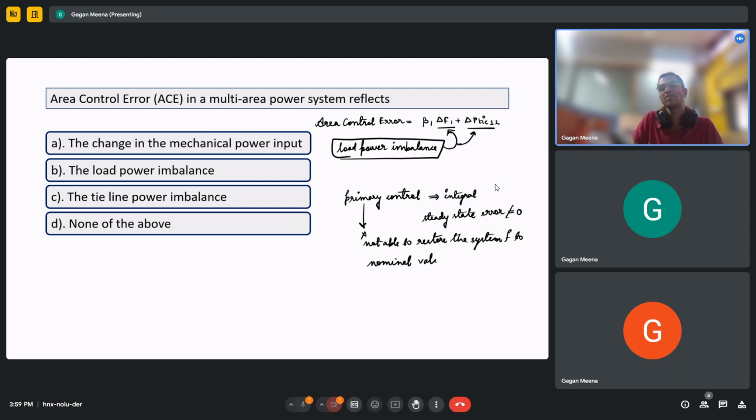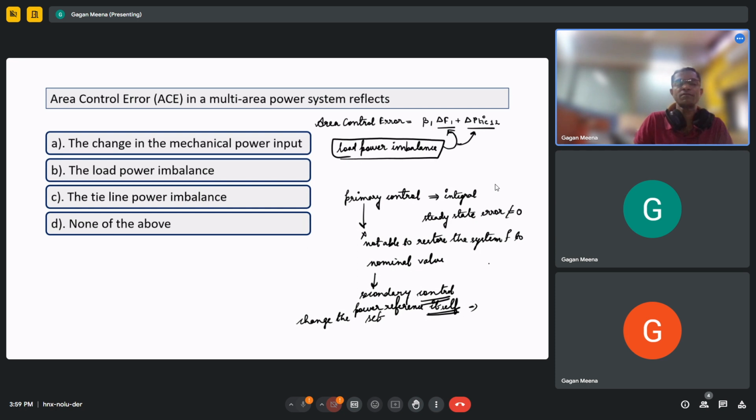In that case, we need to go for the secondary control, and here we need to change the power reference itself.